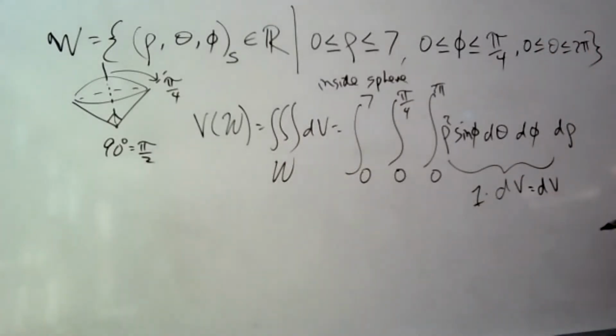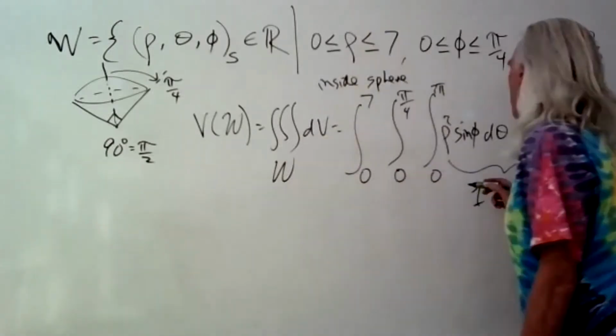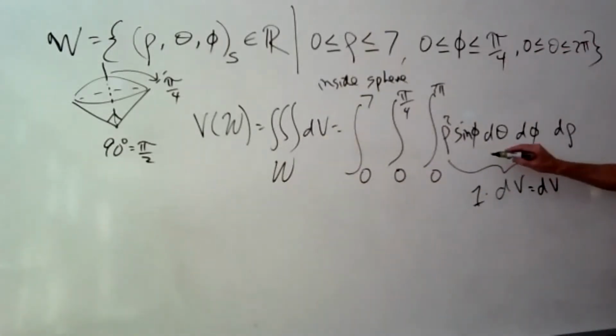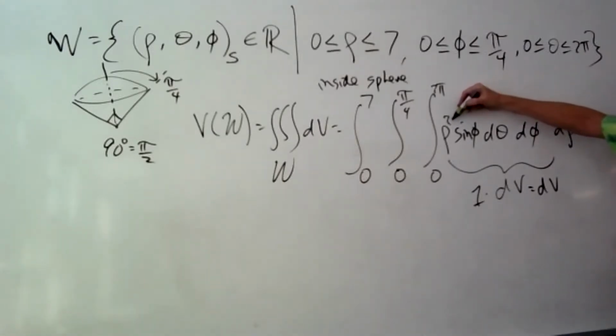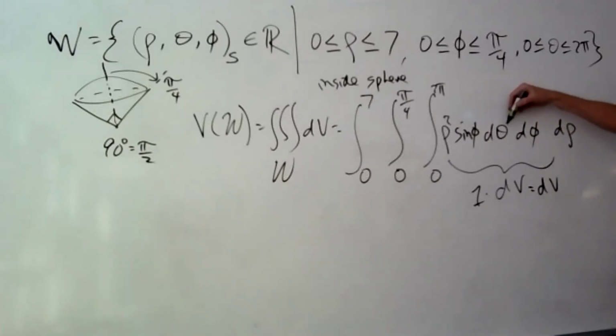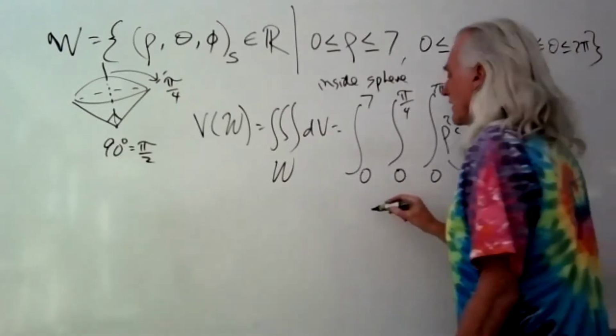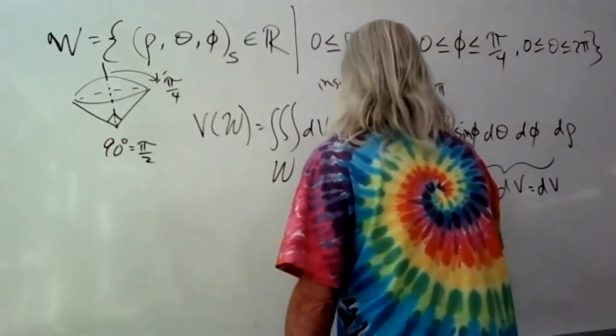All right, like I say, this is the kind of thing we like. We're integrating over 3 variables, and the thing we're integrating is just a product of a function of rho times a function of phi times a trivial function of theta. So I guess we can do it in that order here.